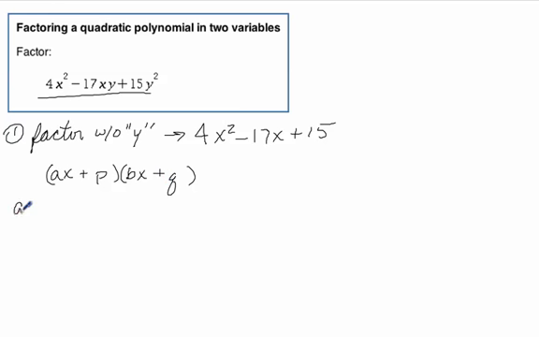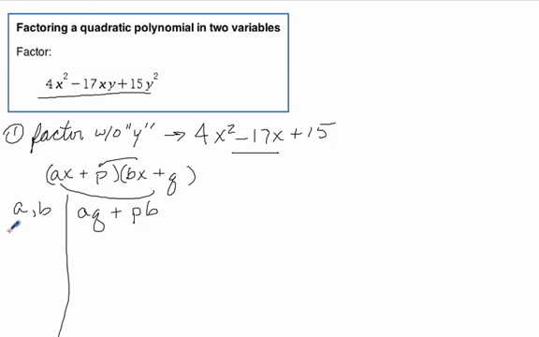Right? So our AB has to give us a 4, and if we foil this, our outer and inner is going to be AQ plus PB, and that has to give us a negative 17. Okay, so we draw our little t-chart, and let's just try 2 and 2, because that gives a positive 4.